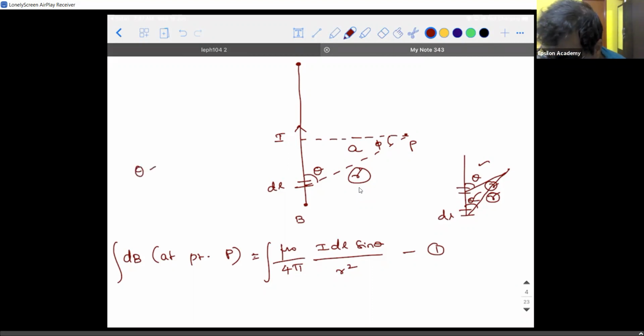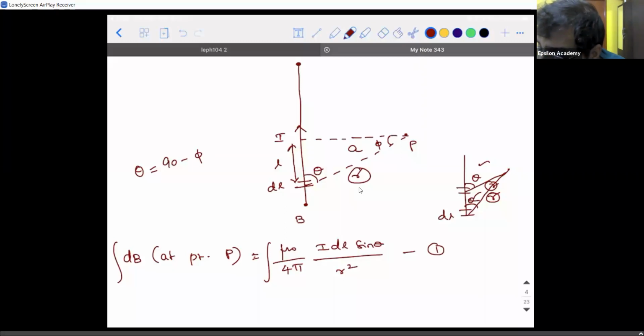Can I say theta is equal to 90 minus phi? That's it. Because it forms a right angle triangle. Generally, whenever you consider the element dx or dl, it should be considered at a distance x and the element's length should be dx. That is a general procedure.